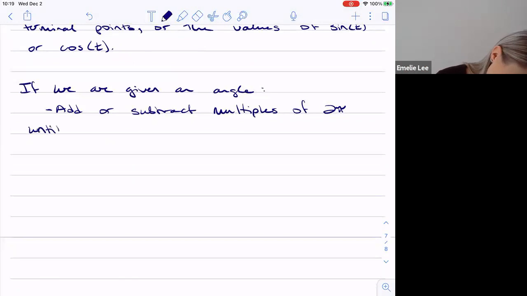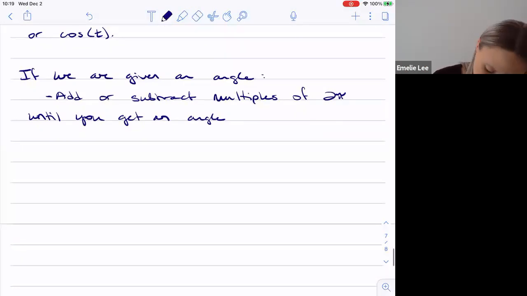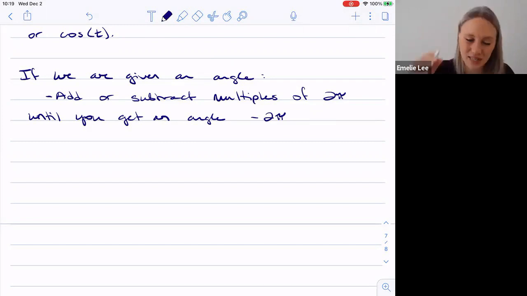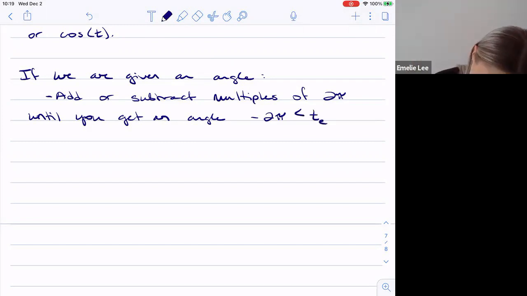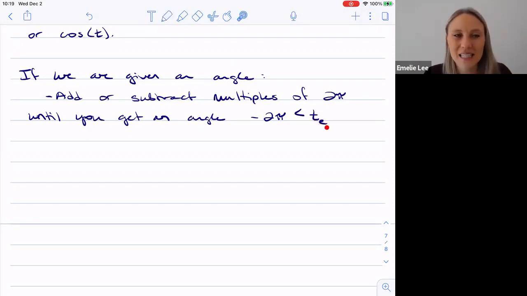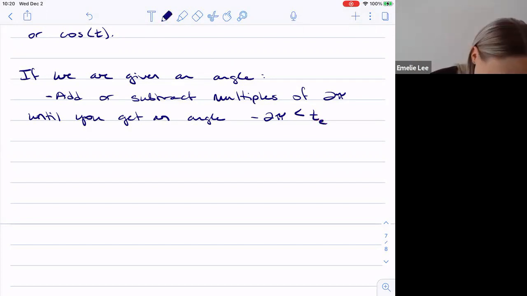until you get an angle between negative 2 pi, so that's going clockwise, negative 2 pi, so here, this is the end angle, and 2 pi.